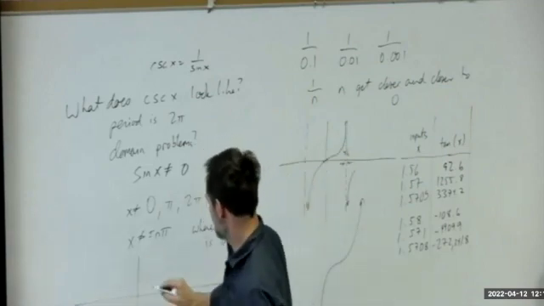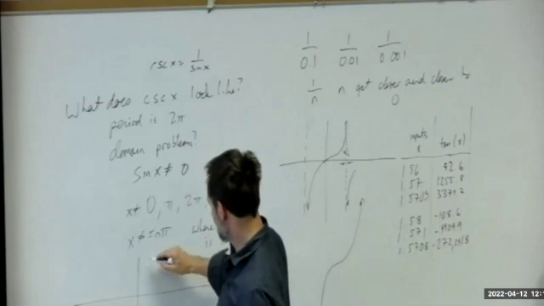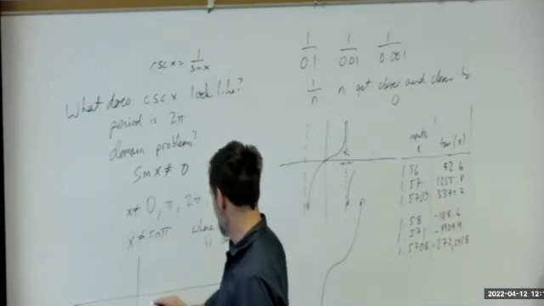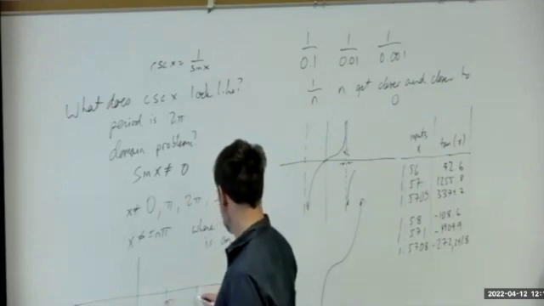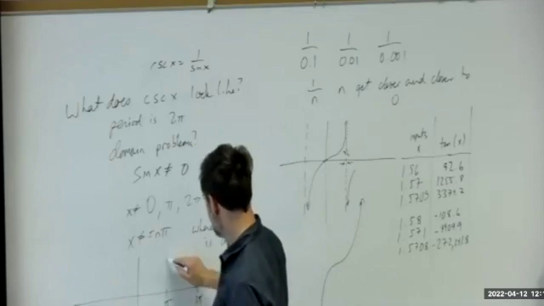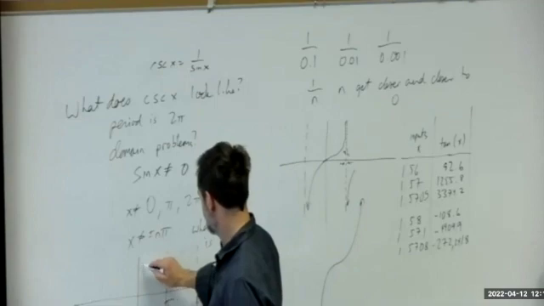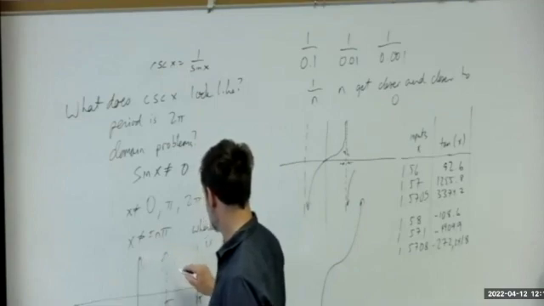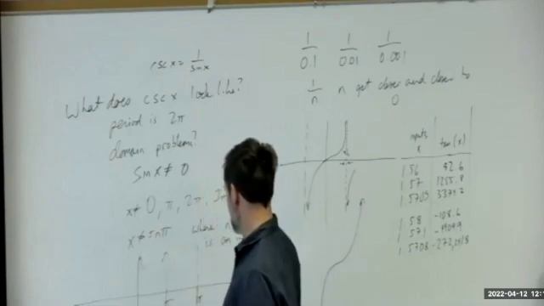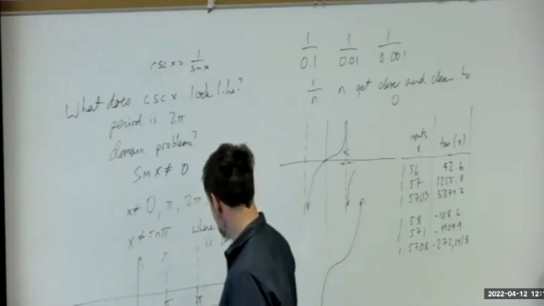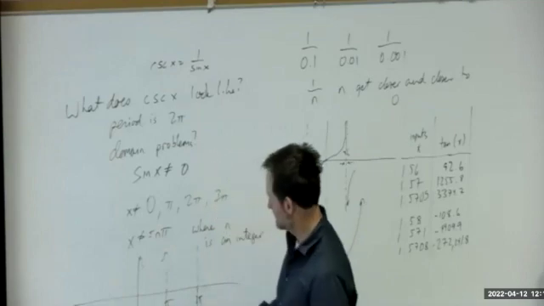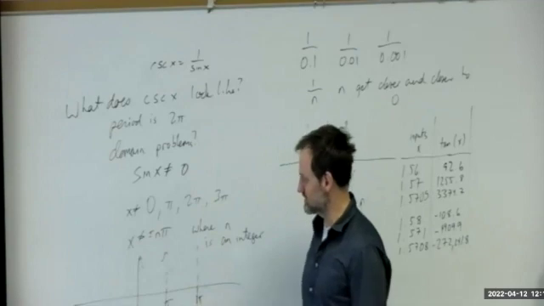So I know that at 0, at pi, at 2 pi, I'm shooting off to infinity there. Here we're shooting off to negative infinity. Why? Because this is the bottom side of the graph where the sine values are negative.